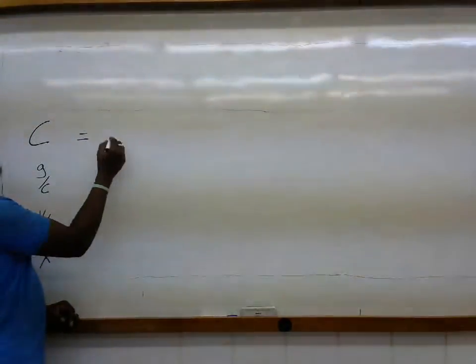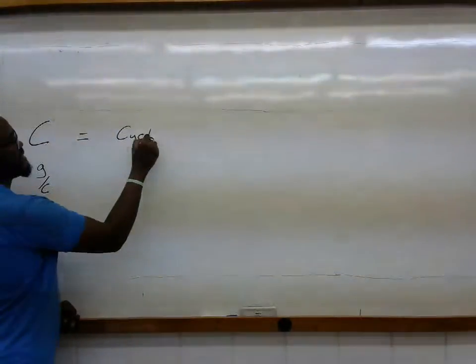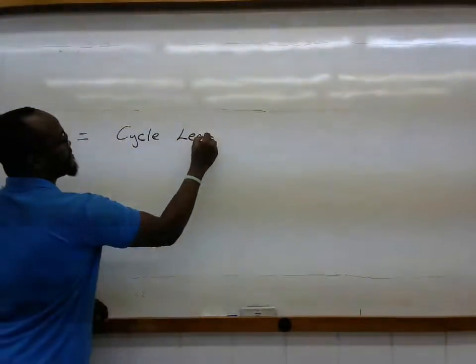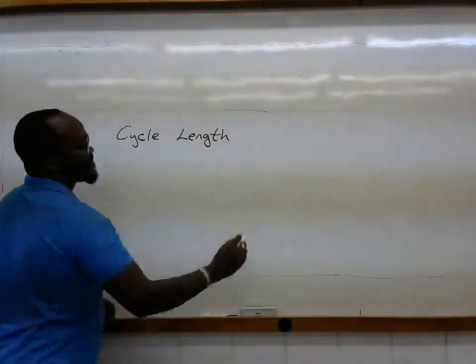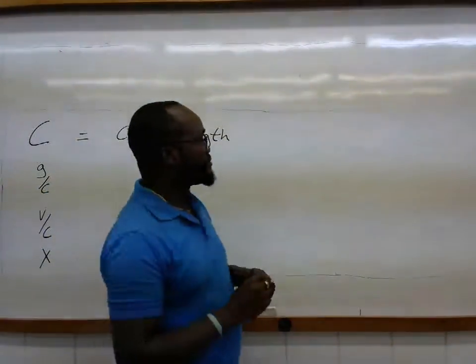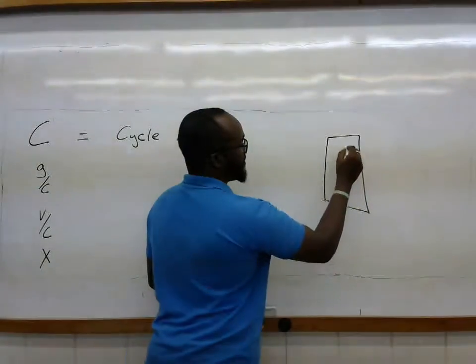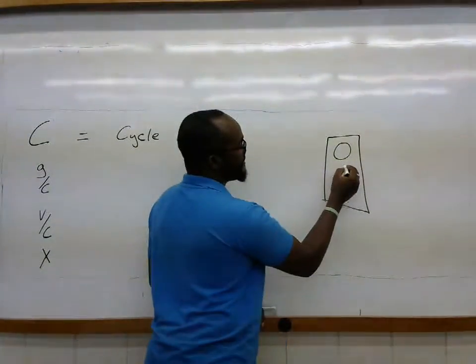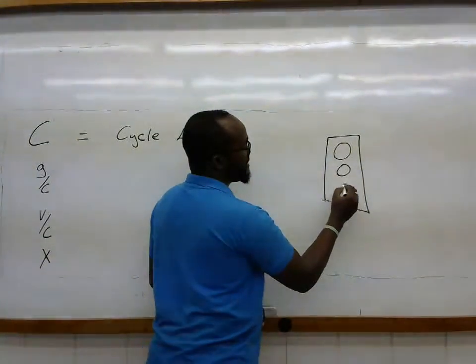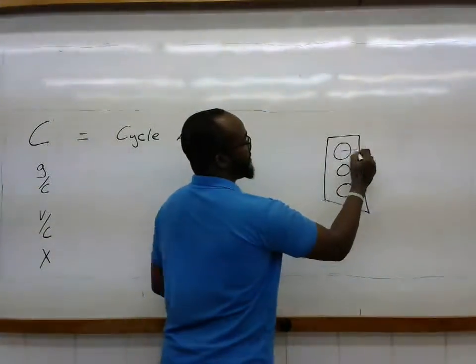So big C. What is big C? Big C is cycle length. So we have our traffic signal. It's a red display, an amber display, and a green display.